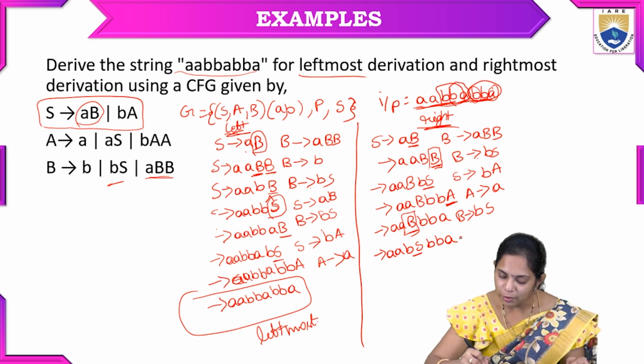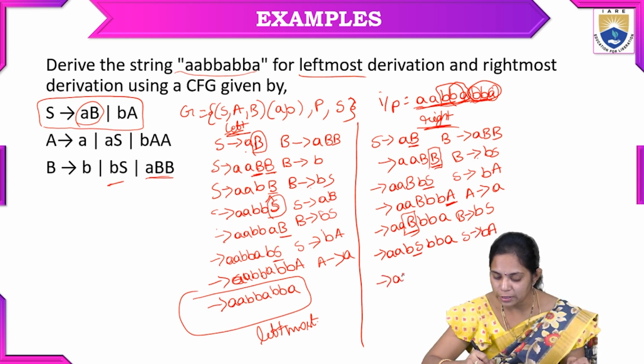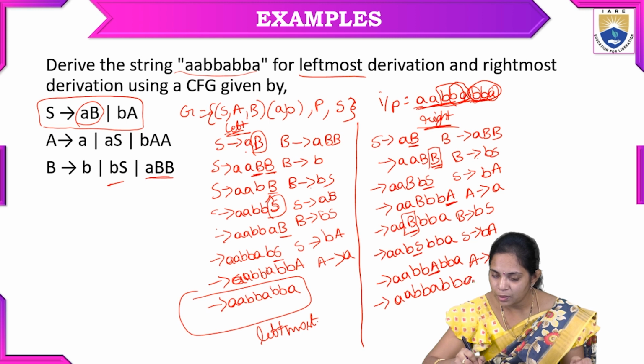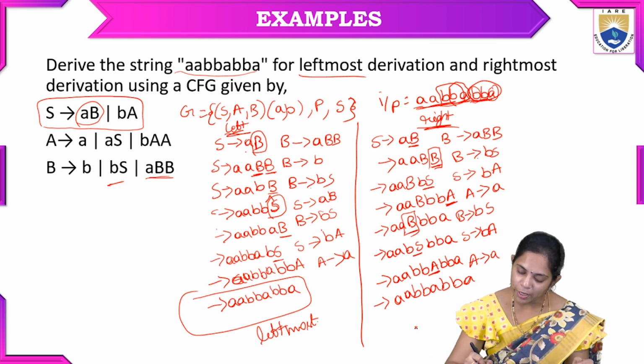For S tends to BA, if you substitute this one, we will get the input string as B, B, A, B, B, A. And finally, if you replace A with terminal A, we will get the input string as it is, B, B, A. So this is about the rightmost derivation.